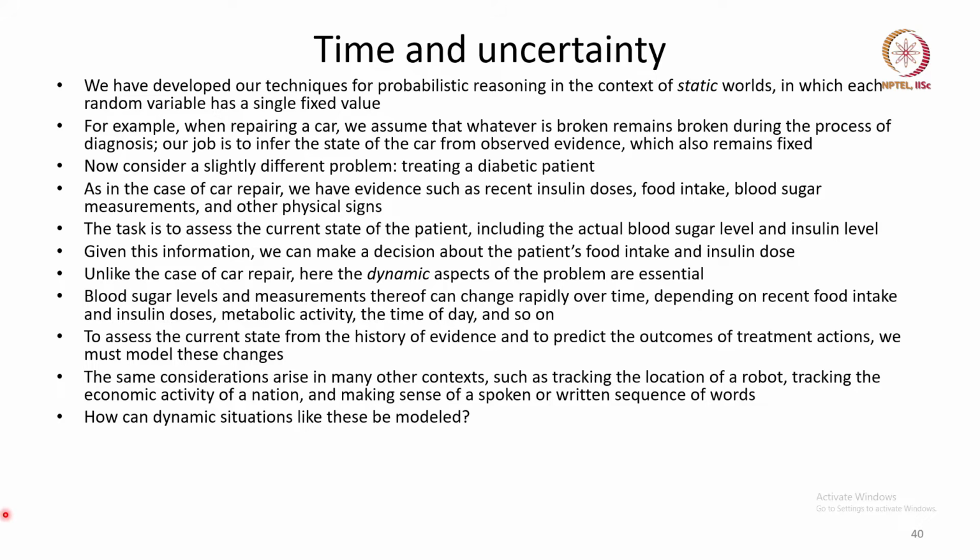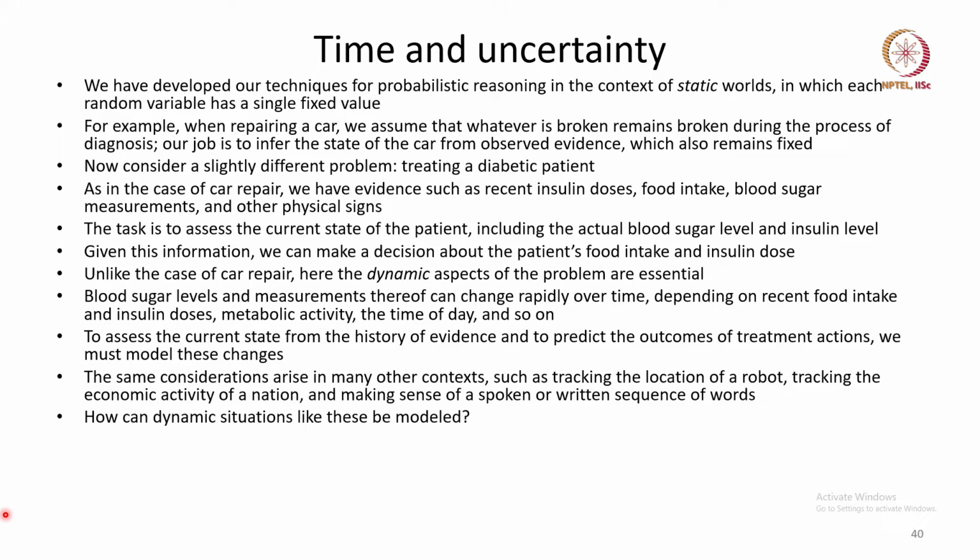For example, if we take the example of a diabetic patient, what do you have as evidence here? The evidence will be their insulin doses, whatever food intake they have had, the blood sugar measurements, etc. Right? And we need to assess the current state of the patient.